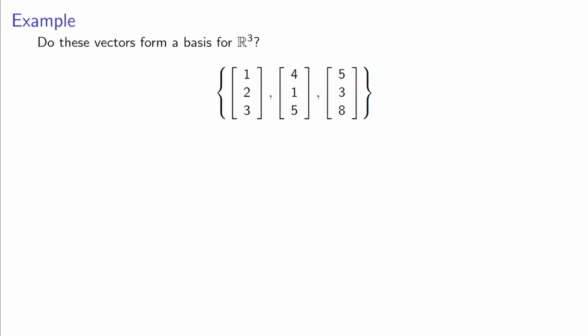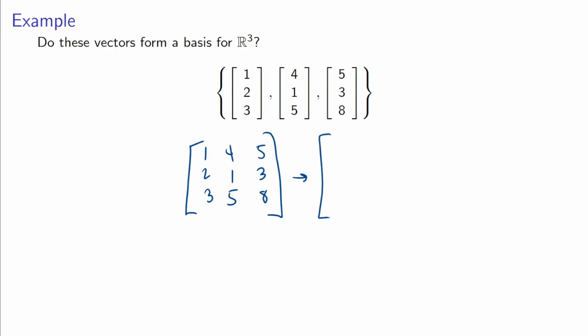Here we've got 3 vectors, and we have more of a chance at this set forming a basis. We would need to check to see if the matrix whose columns consist of these vectors row reduces to the identity. We can just use some technology, Sage or our calculator or something like that, to row reduce this, or we could row reduce it by hand.